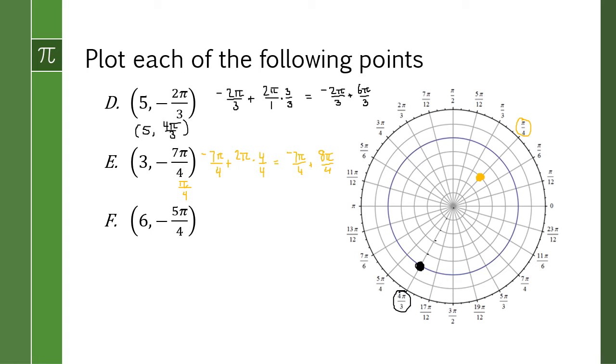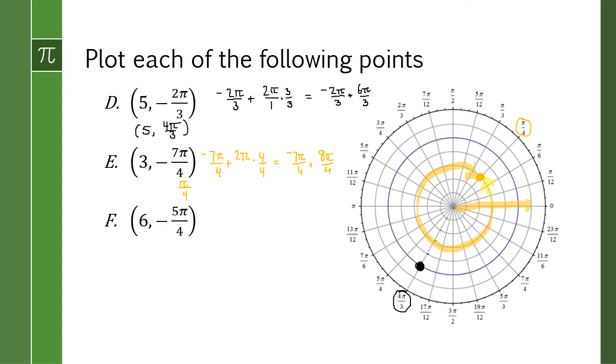You could think about it as starting at the x-axis, and you can either rotate in the negative direction through an angle of 7 pi over 4, or you can just rotate in the positive direction through an angle of 1 pi over 4. And either way, you end up at the same spot.